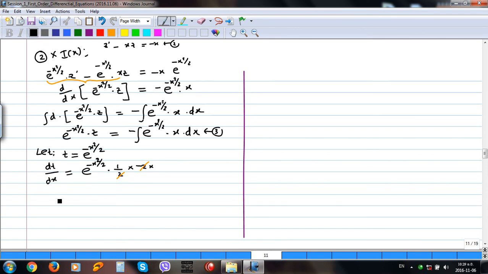Then here we can write dt over dx equals minus x times e to the power minus x squared over 2. That is dt over dx.